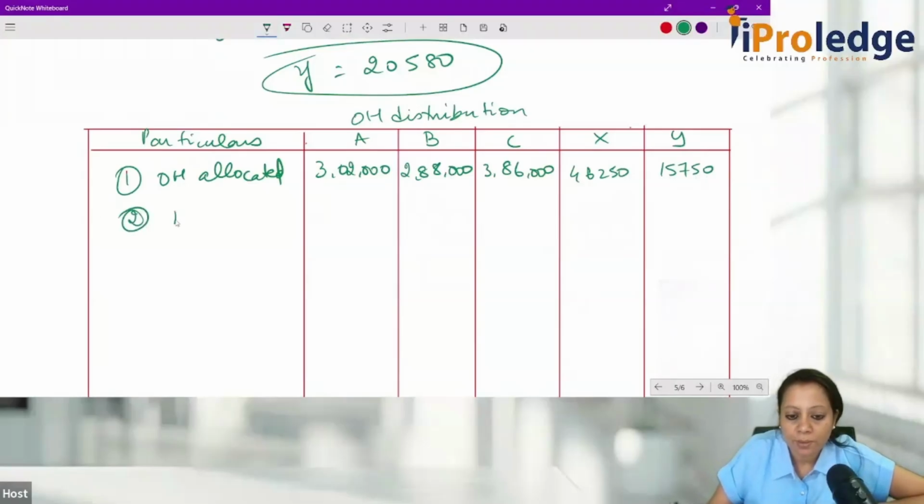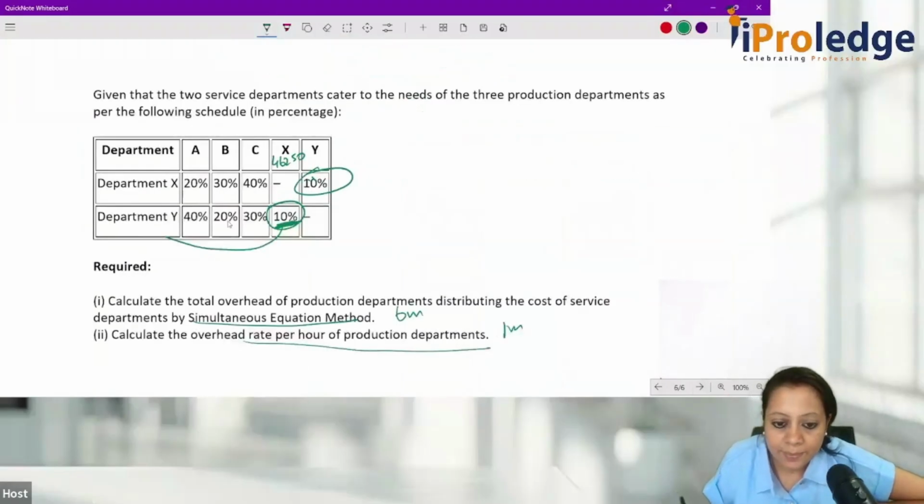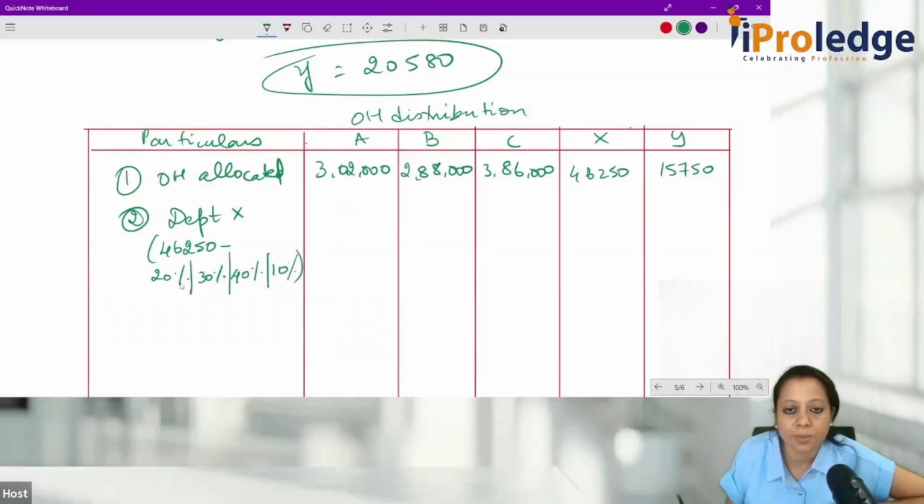Yes. So now department X, I told you why we are apportioning department X. It is going to be 46,250 in what ratio? It is going to be 20 is to 30 is to 40 is to 10. Directly you can do only 20, 30, 40 also. I'm doing 10% just to make you understand.